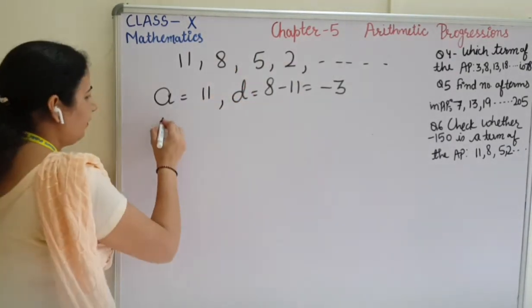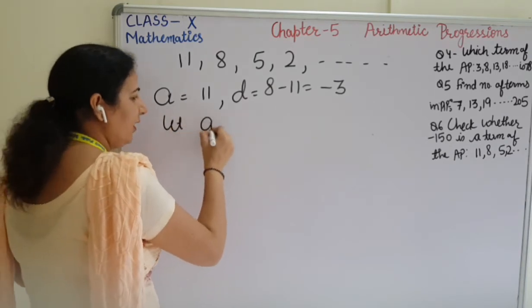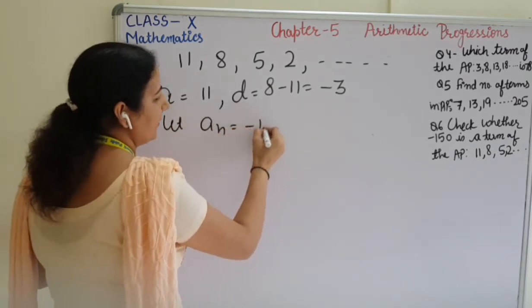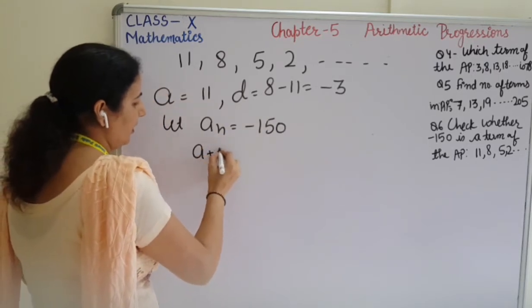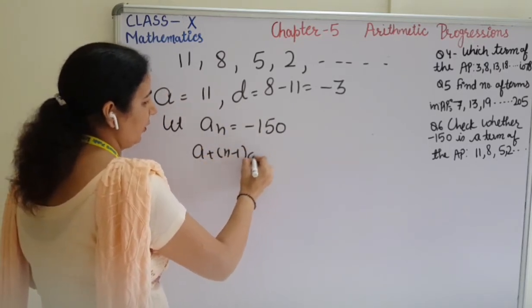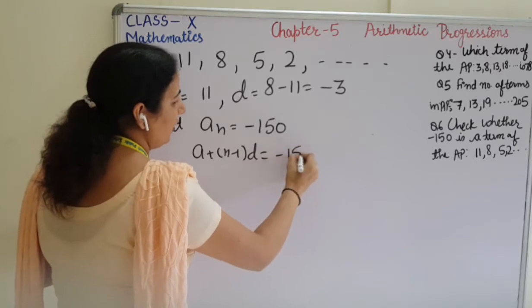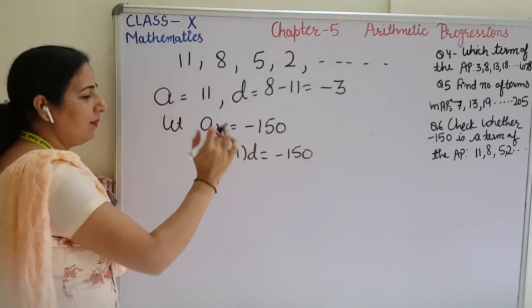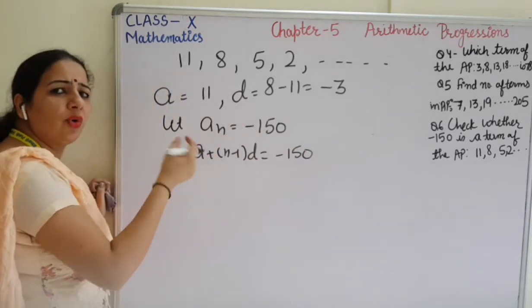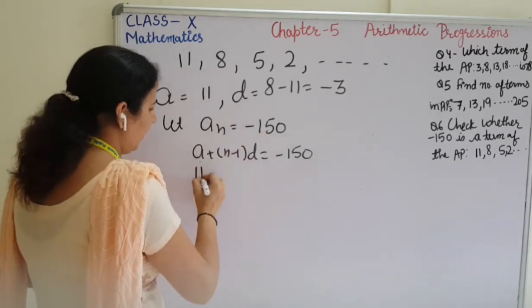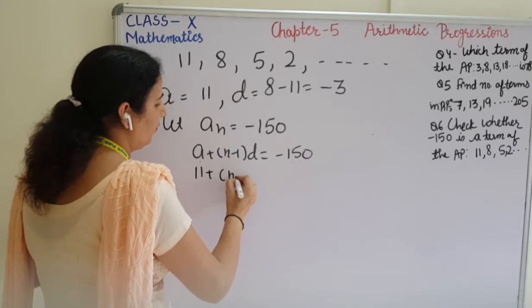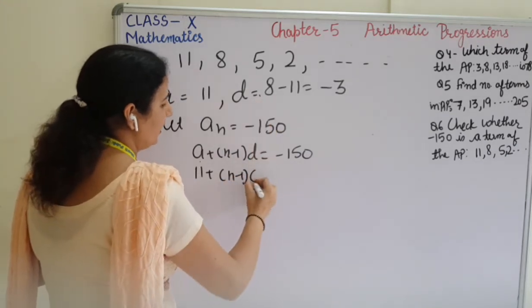So what we will write: let it be a term of the series. Let An be minus 150. An is A plus n minus 1 into D, equal to minus 150. I am not saying that this will be the term, but I have written let. Let us assume for a while that this will be the term. A is 11, n minus 1 into D. D is minus 3.